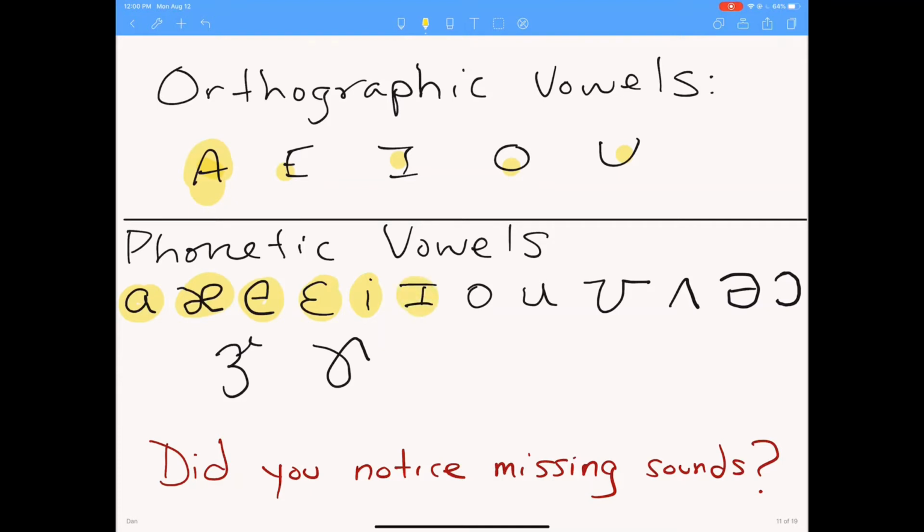O is luckily just O, as in open. But when we do words like box, that ah is actually this script A, right? So once again, we have O in orthography, but it's an A in phonetics, and it's a specific A, so be careful.